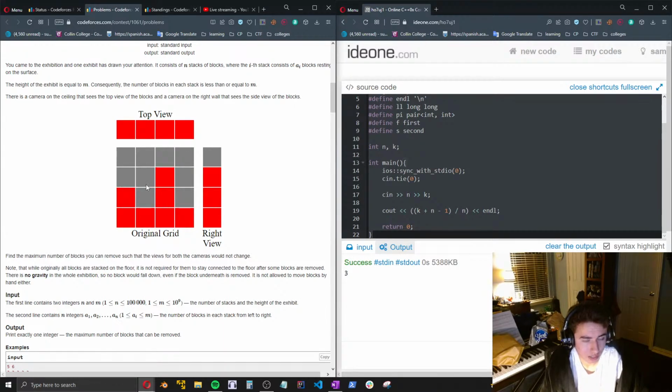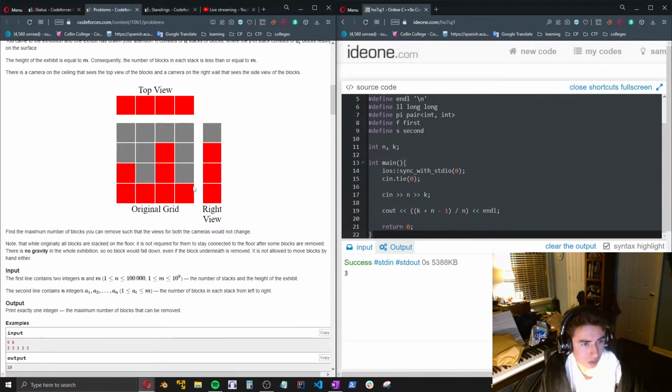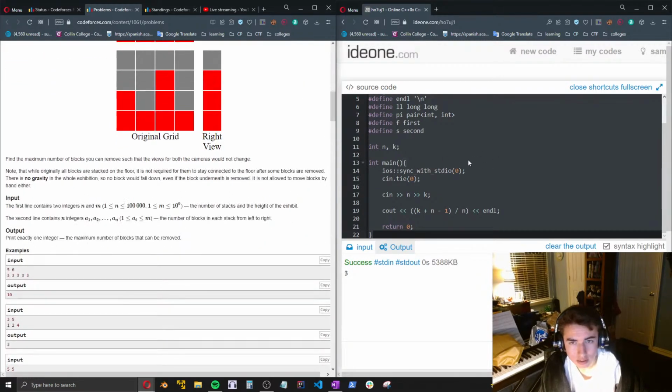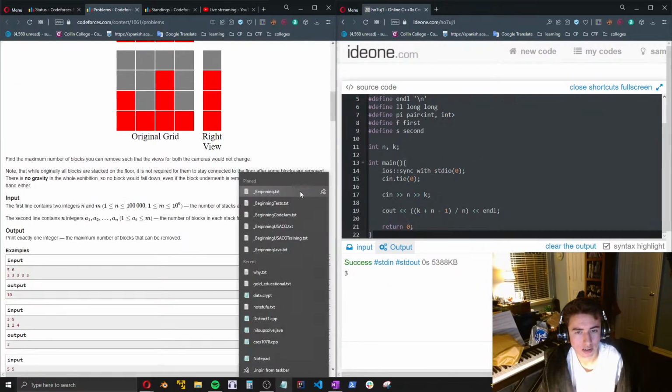Well, if there is a block in that column originally, there has to be at least one block still. How does the right not change? Well, there has to be at least one column equal to that height. So then basically what we can do is just say, for each value that has at least 1, you'd say the sum of that minus 1, and then we have to add back the amount to make it equal to there.